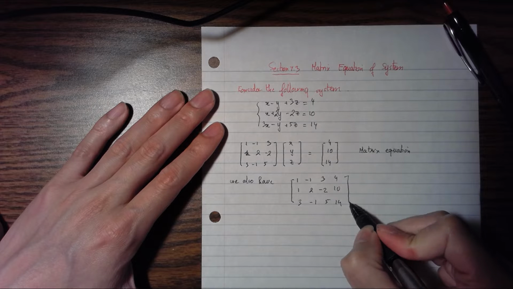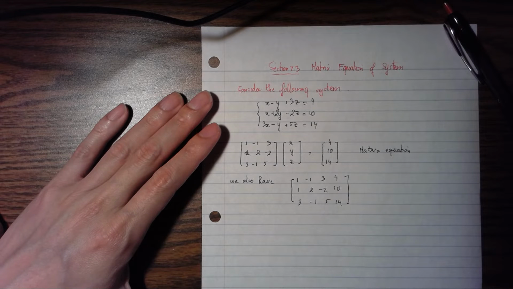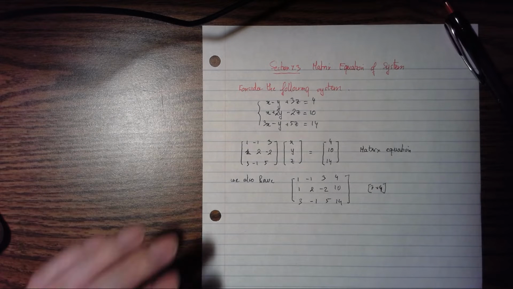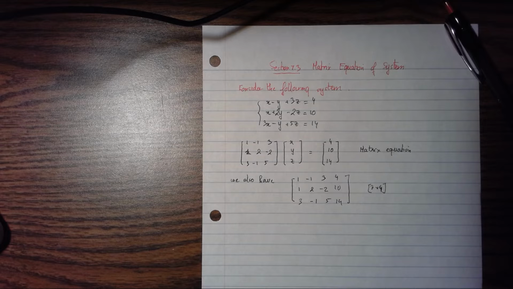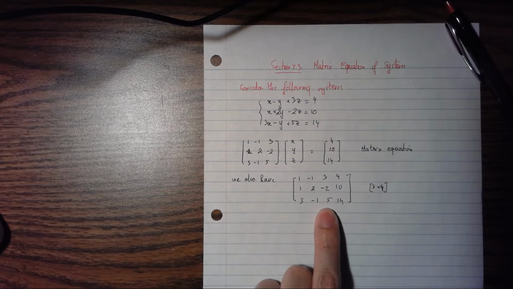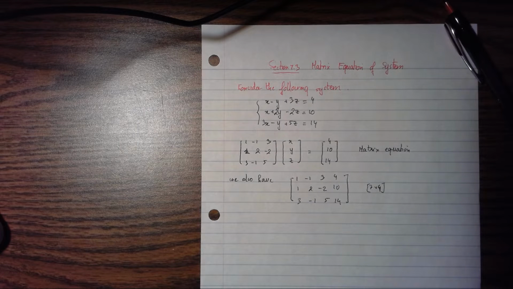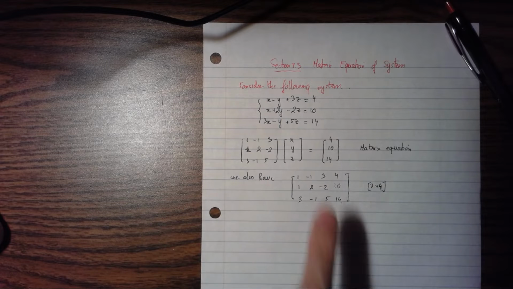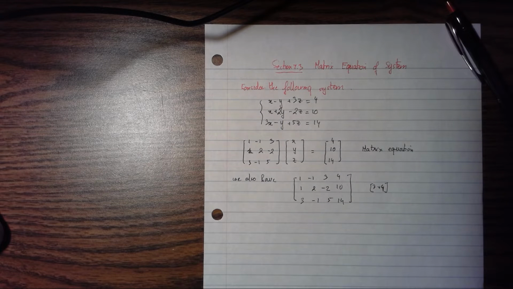It's not 3 by 3 anymore, but it's 3 by 4, right? This is a 3 by 4 matrix. Now we're gonna use this matrix, 3 rows 4 columns, to solve the system. So how are we gonna solve this system?